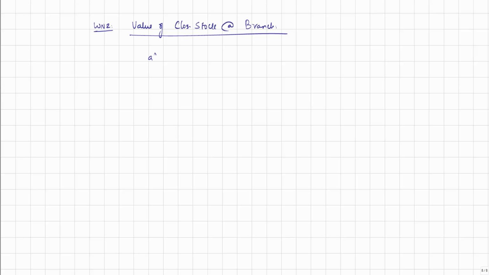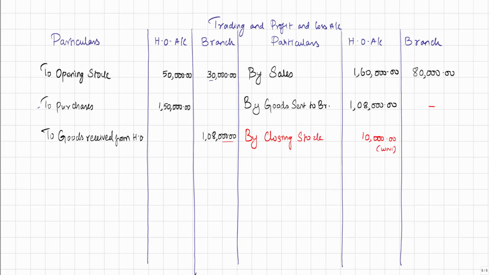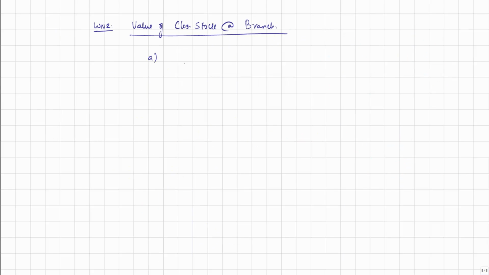So first item is goods received from head office, but before that, branch had some opening stock also, right? They have an opening stock of 30,000. So we'll start with opening stock. Their opening stock is 30,000.